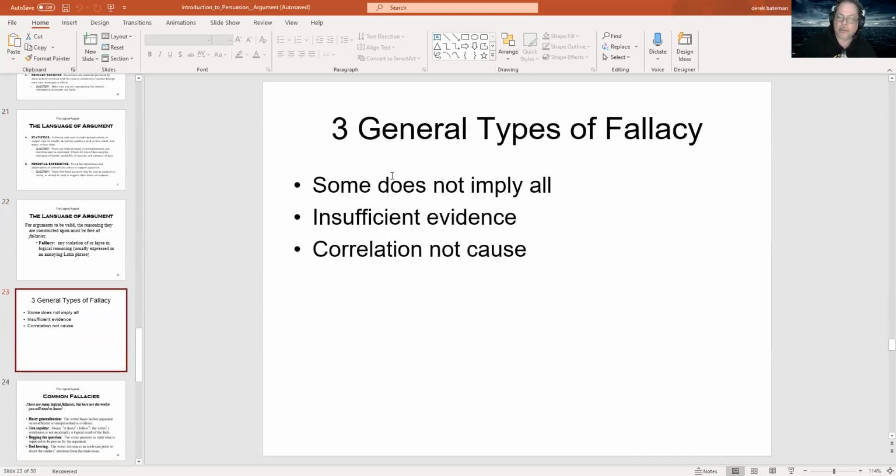Just because some people do doesn't mean all. This really involves generalities. I've talked about this, and I'll remind you, you want to avoid generalities, making broad, general, or judgmental statements. Everyone knows this. No, very few things are known by everyone.